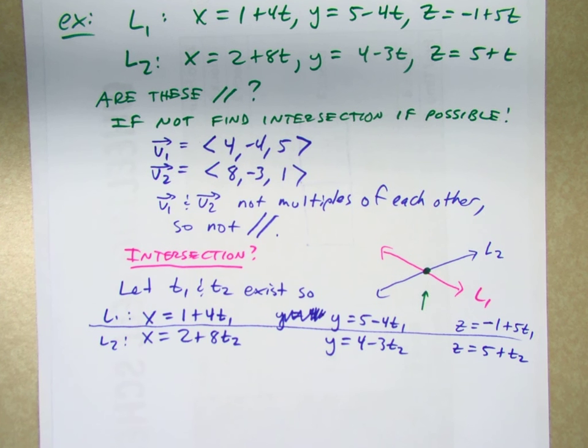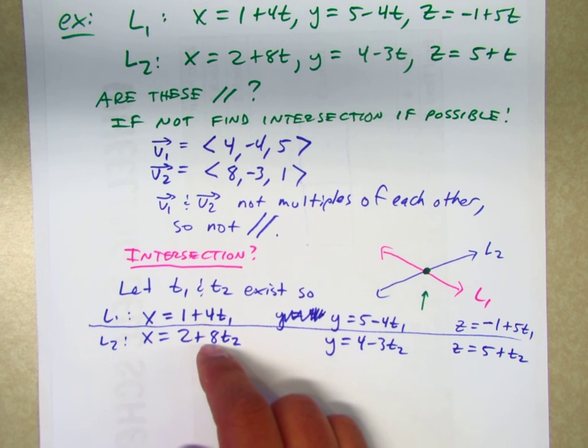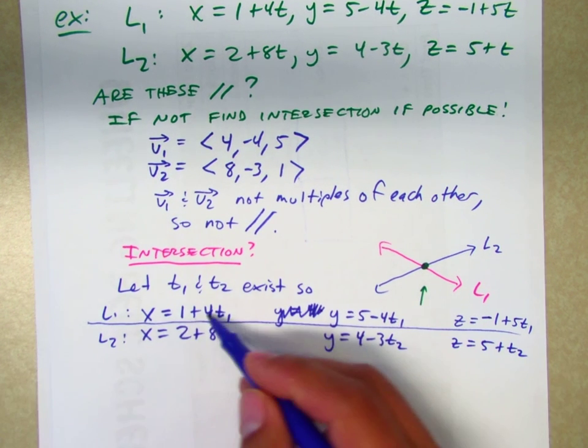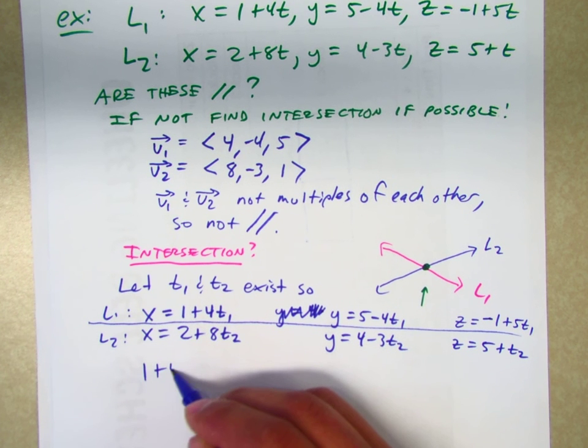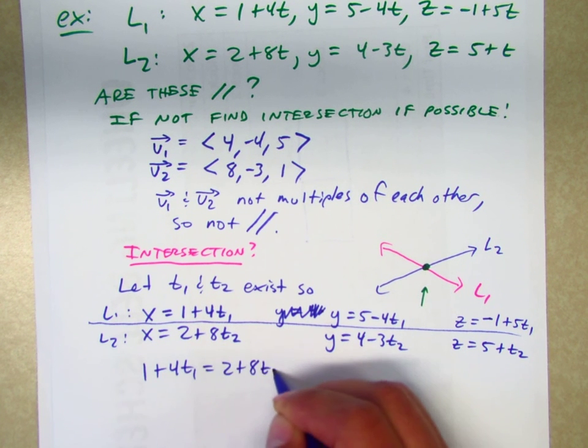To get started, if these two paths intersect, then it's clear that the two x values have to be the same at some point, at some t value, right? Same with the y's, same with the z's. So first, we can start by saying, let 1 plus 4T1 equal 2 plus 8T2.